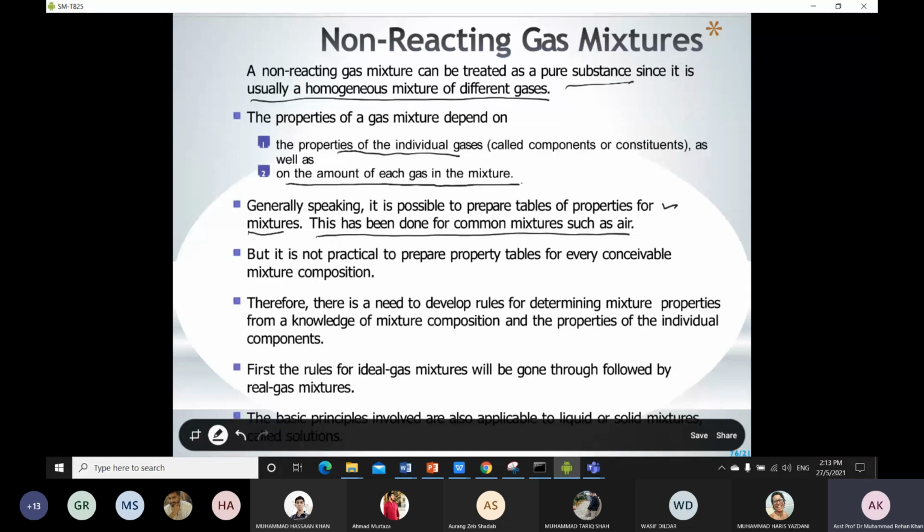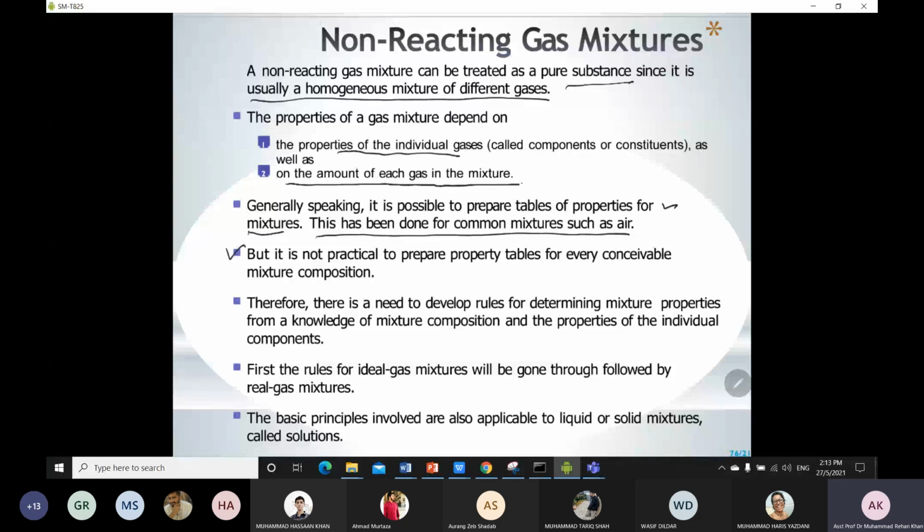We have a range of different mixtures, so we can develop them, but usually we have to follow some procedure in order to find these properties for different types of mixtures. Those properties are not known to us from the thermodynamic table. But it is not practical to prepare a property table for every conceivable mixture composition.